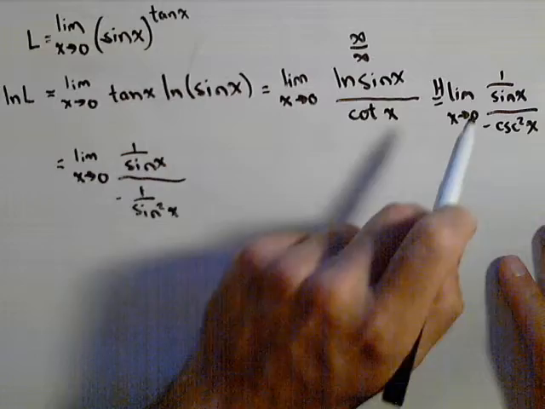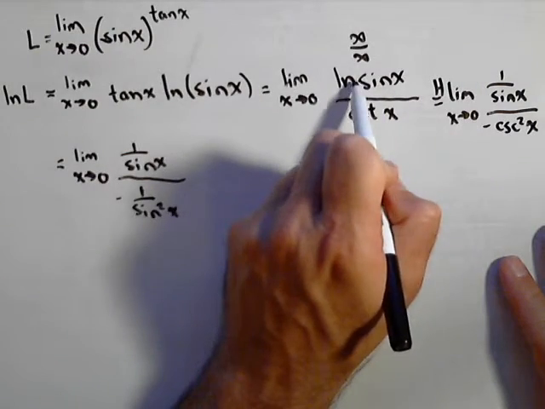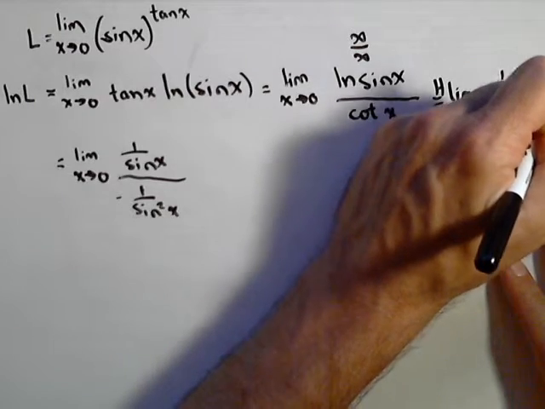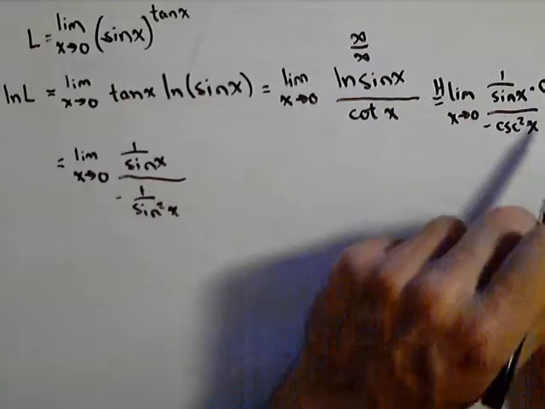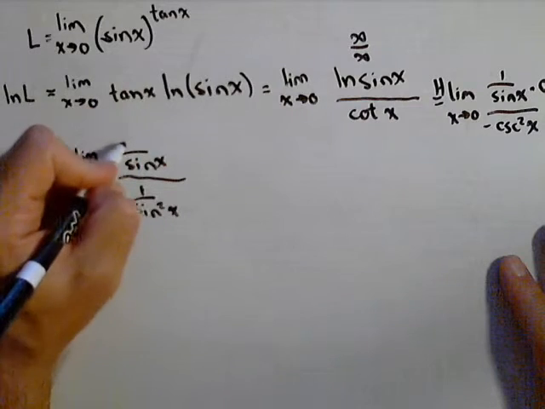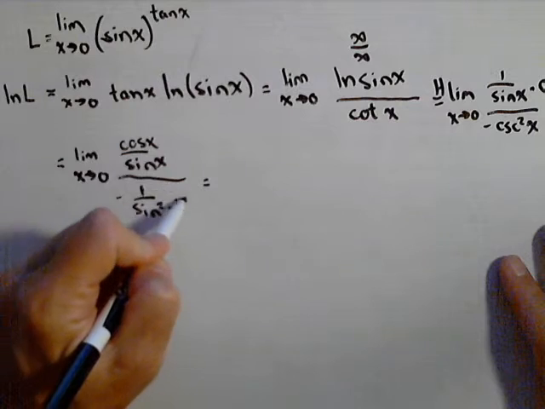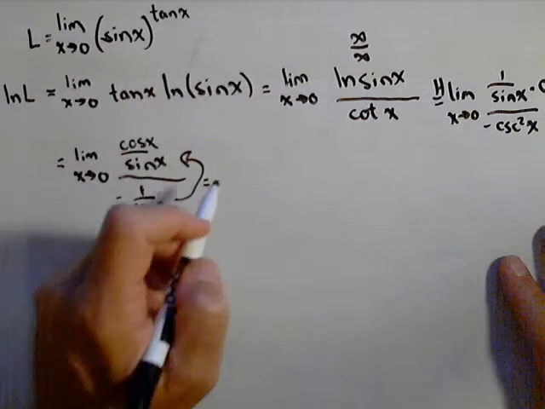And I got to go back because I made a small mistake. Derivative of ln of sine x, 1 over sine x times cosine x. I forgot that, I'm sorry. Cosine x. So we're going to flip this guy and multiply it.